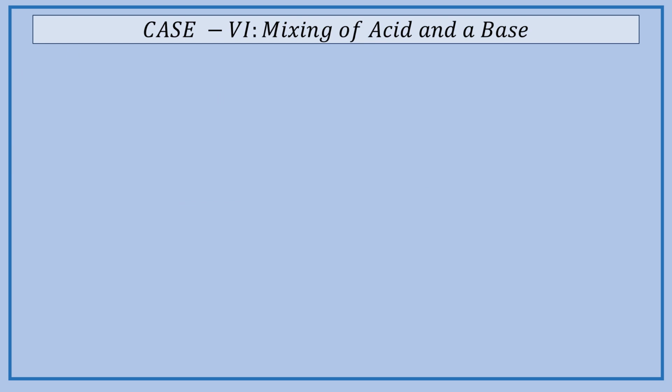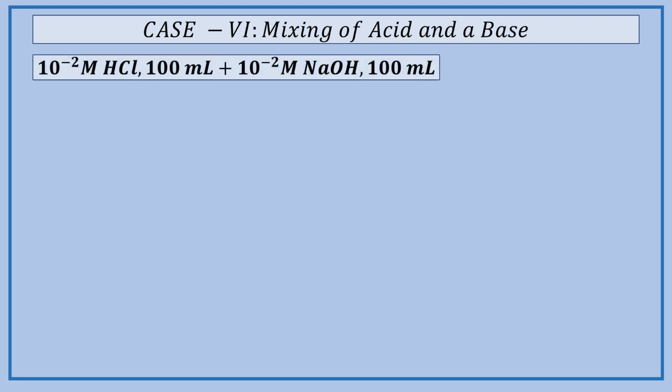We just saw the mixing of two acids. Now let us see the case when we mix an acid and a base. 100 milliliter of HCl, which has concentration of 10 to the power minus 2 molar, is mixed with 100 milliliter of 10 to the power minus 2 molar NaOH solution.